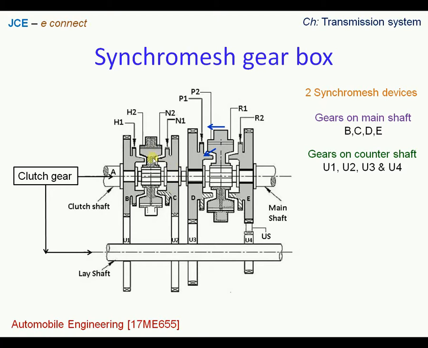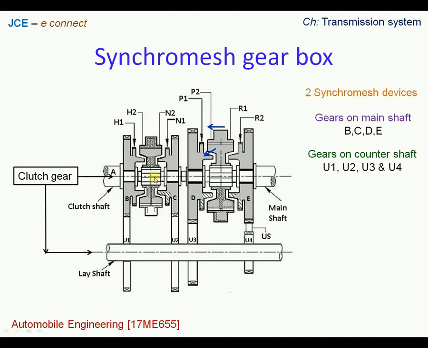In this case, when the Synchromesh is slid towards the right side, again we see the two tapered surfaces will be brought in contact with each other. This ensures the same constant speed will be transmitted from the gear wheel to that of the Synchromesh.